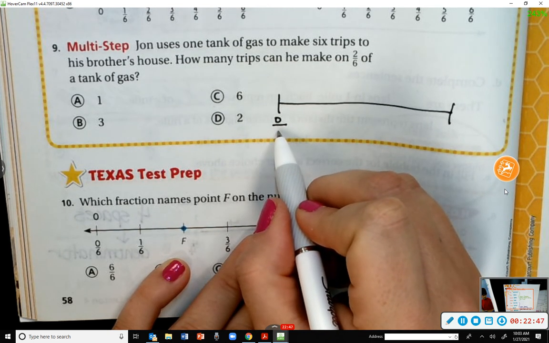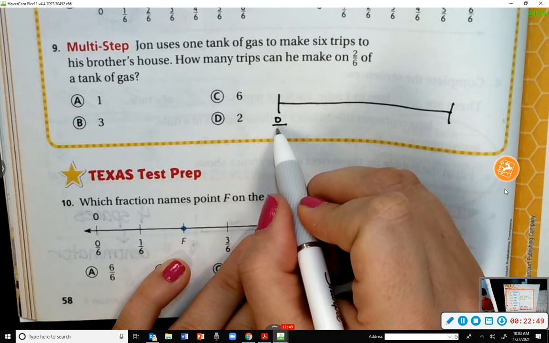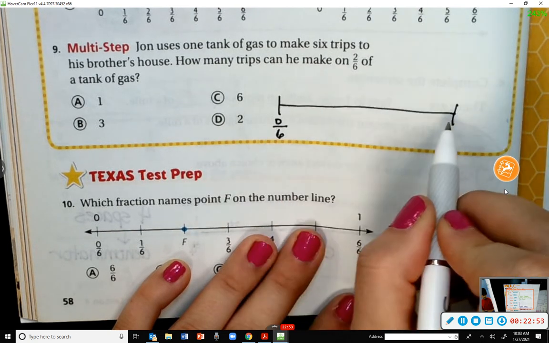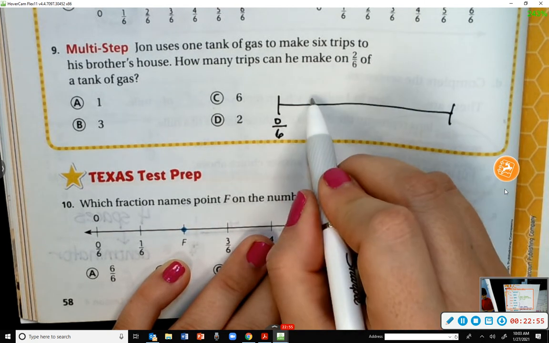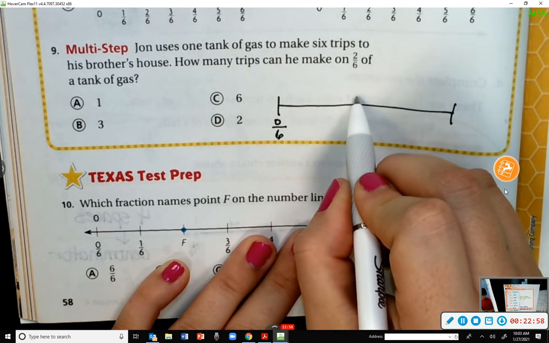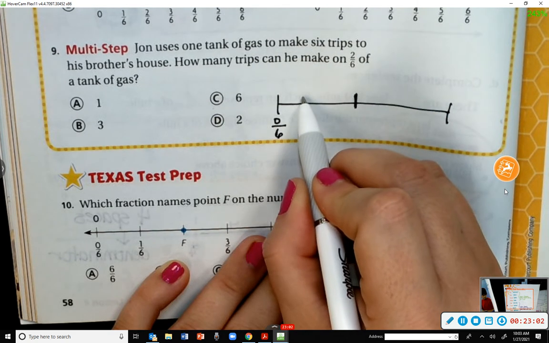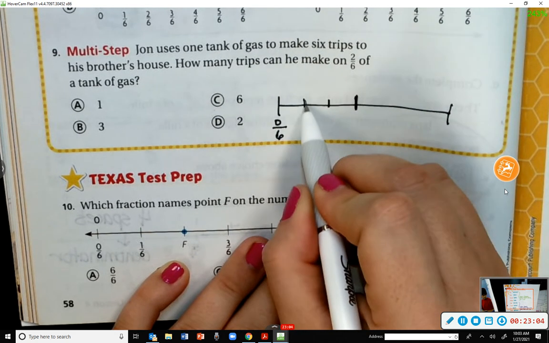Just call it out. 6, good. Okay, now I want you to try to break up your number line into 6 equal parts, okay? If you want, you could start in the middle, okay, and then cut it like that.